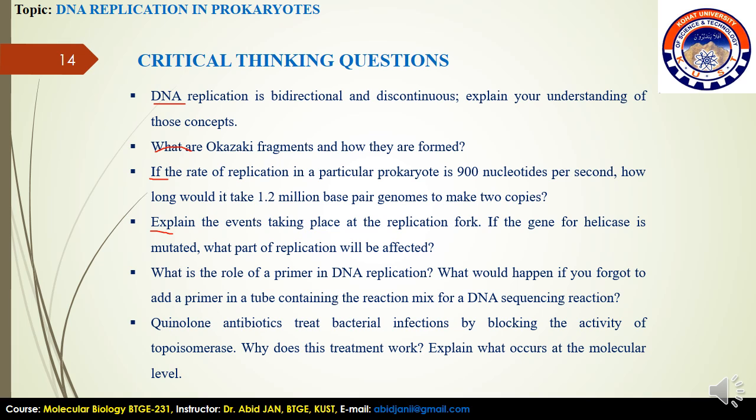At the replication fork, the events taking place are helicase action, binding of single-strand binding proteins, primer synthesis, and synthesis of new strands. If there is a mutated helicase gene, the replication fork will not be extended at all.